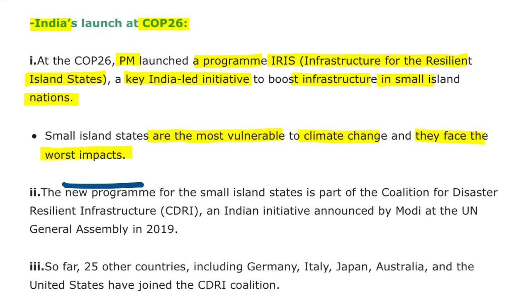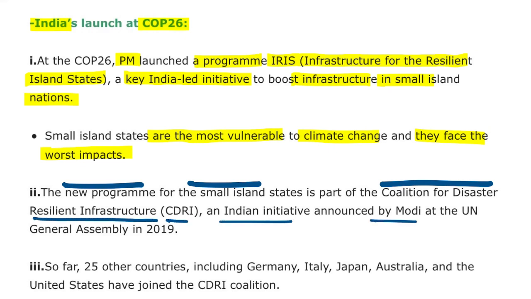The new program for the small island states is a part of the Coalition for Disaster Resilient Infrastructure, that is CDRI, an Indian initiative announced by PM Modi at the United Nations General Assembly. It can be asked, CDRI is an initiative of which country? It was an initiative of India, and CDRI stands for Coalition for Disaster Resilient Infrastructure.